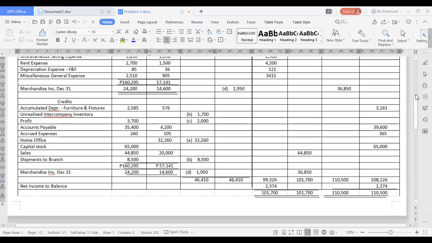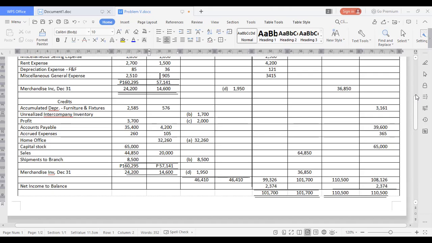Capital stock, credit, and now we have sales for both home office and branch, and shipments to branch is a debit of 850. Shipments to branch is an amount of 8,500. Shipments to branch. Actually, that's a credit in the books of the home office. So the total credits now equals the total debits.